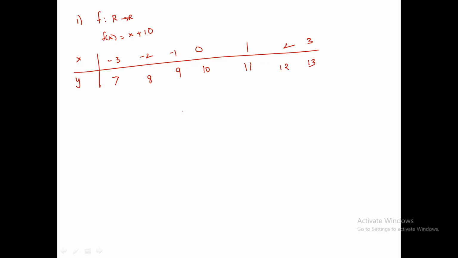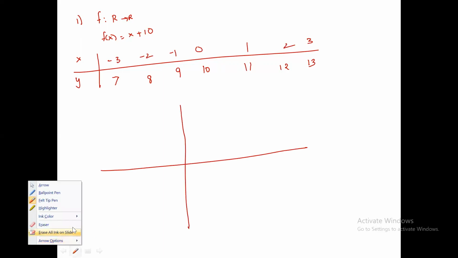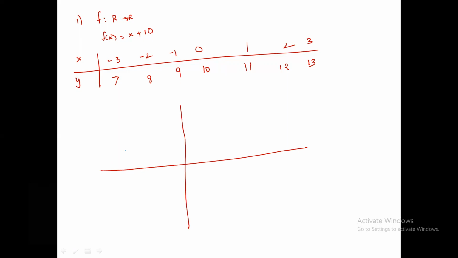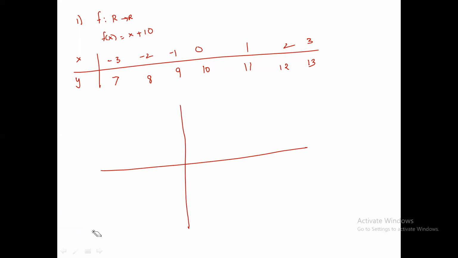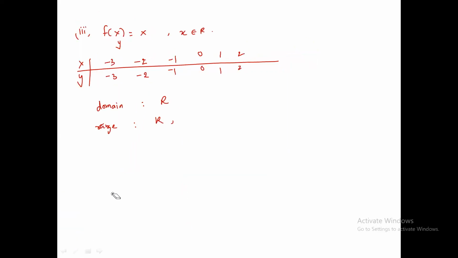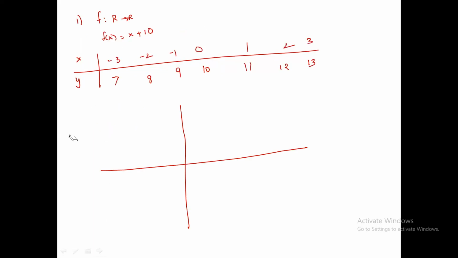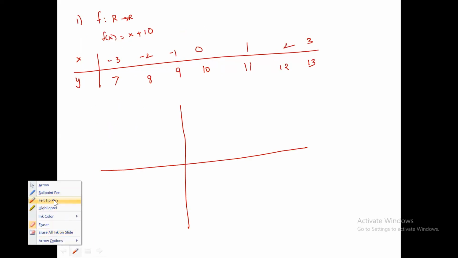Because we have to sketch the graph, we have to plot these numbers. -3, 7. -2, 8. I will take a little distance because the place will not be sufficient.